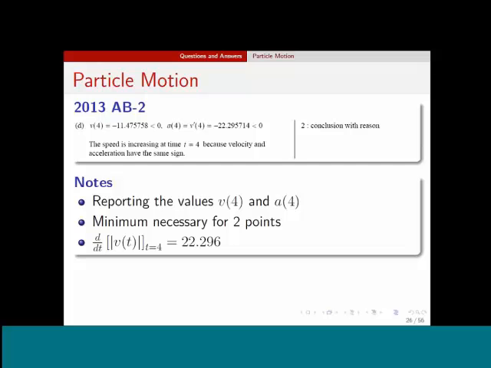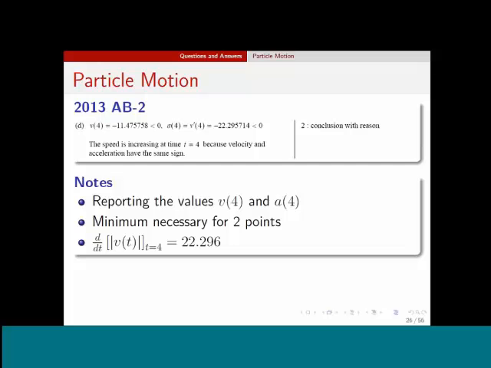There's a minimum that's necessary for 2 points here. We go through what's called a 5-day pre-reading prior to all the readers getting there, and we talk about what is the minimum acceptable response. The minimum acceptable response is something like the following: V of 4 less than 0, A of 4 less than 0.